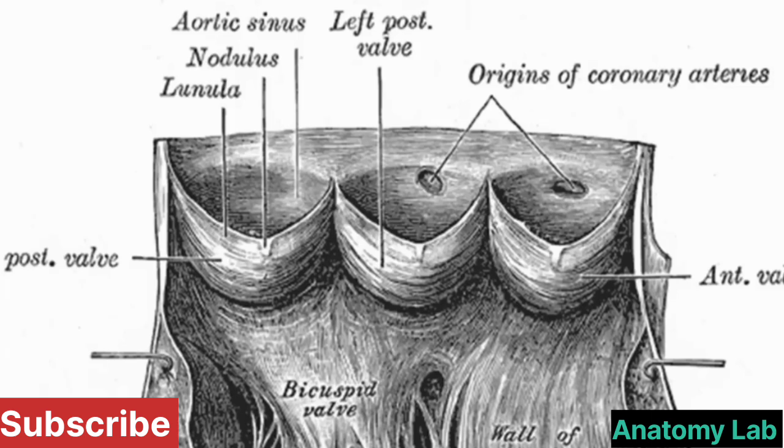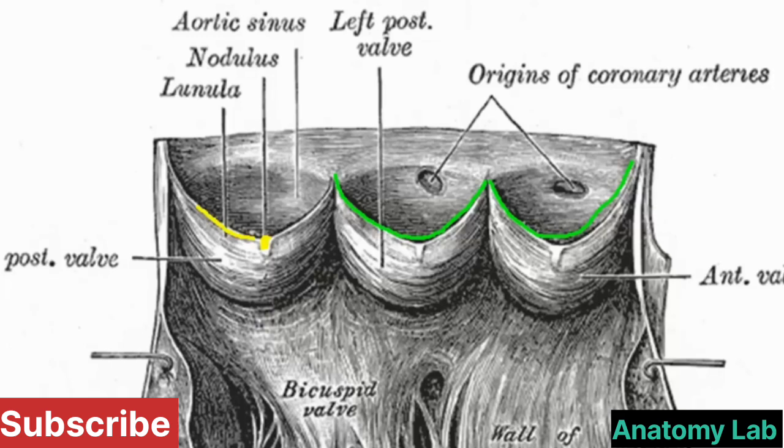This diagram here shows nicely the configuration of the aortic valve. What we're looking at is we've cut open a section of the aorta and the outflow tract, and we've opened it up flat. So we've got the three cusps in a row here. You've got the left cusp and the right cusp, and just like the pulmonary valve, you've got this thickening called the nodule, and you've got this thin part which is the lunule.